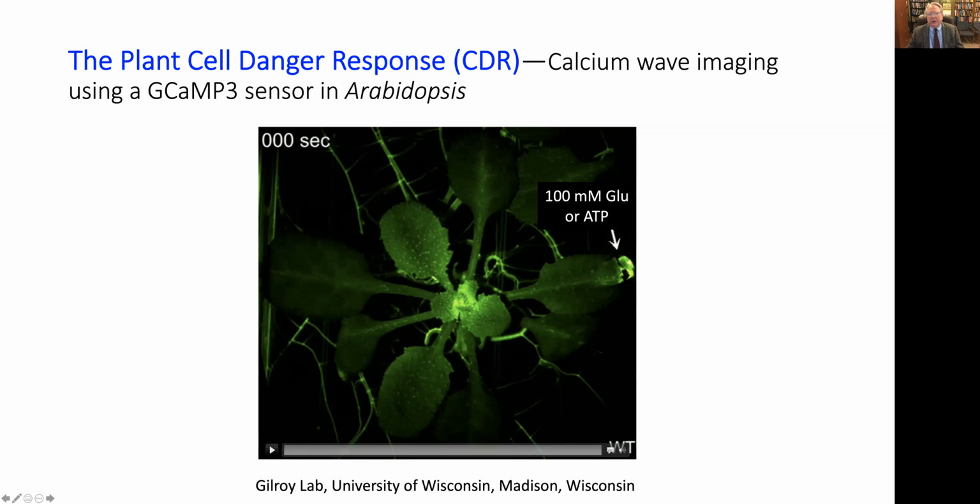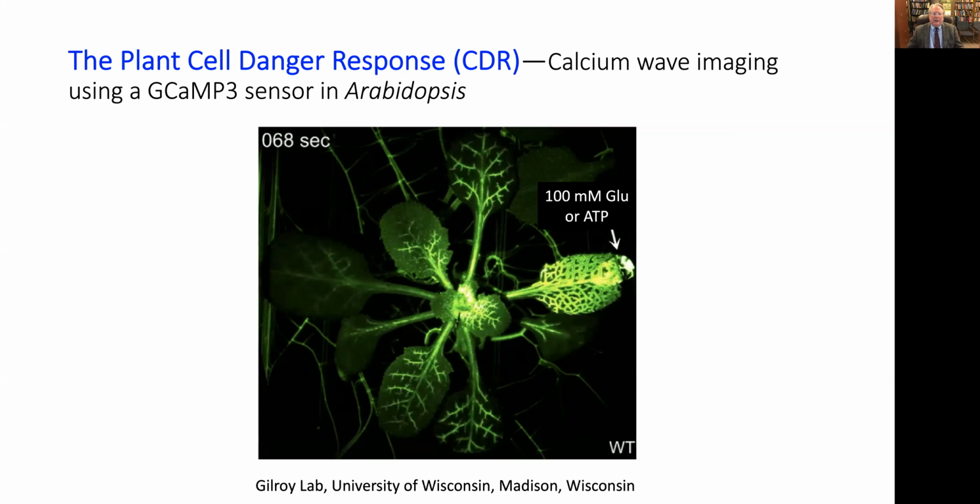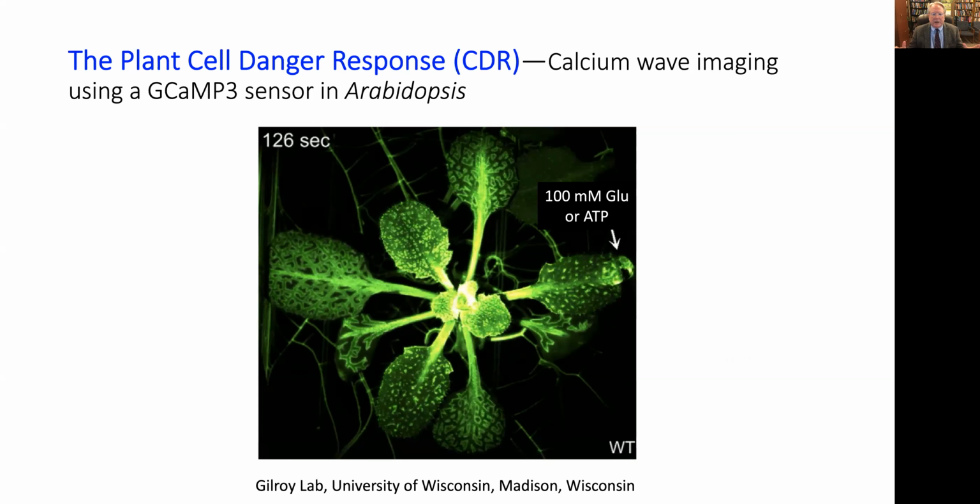And it turns out if you add either glutamate or ATP to that injury, the signal of that injury is transferred to the rest of the cell within 2 minutes.